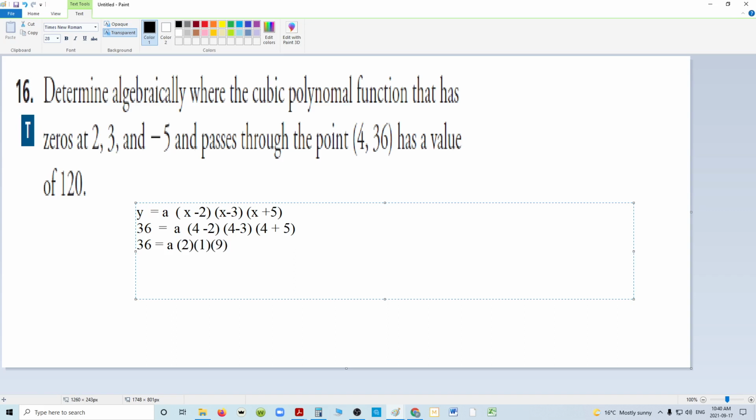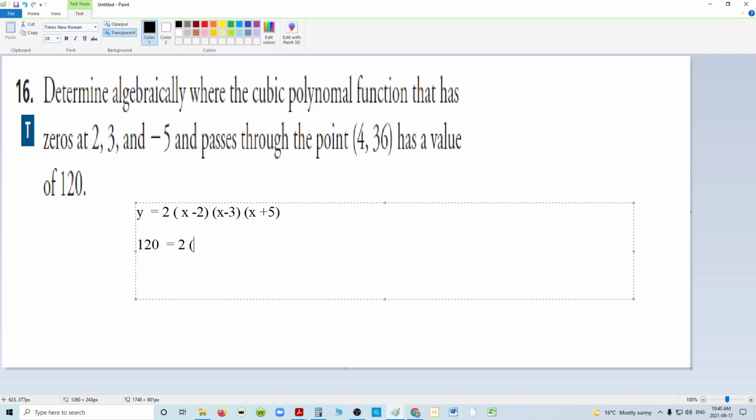All right. So I'm left with 36 is equal to 18a, which means that a is equal to 2. So now I can just put the 2 here, and now I've solved that. Now I guess they want me to solve it when y is 120, and they want me to come up with the x, right?